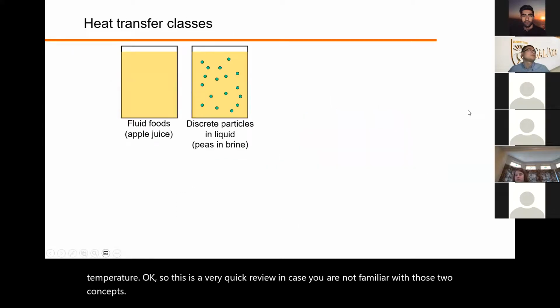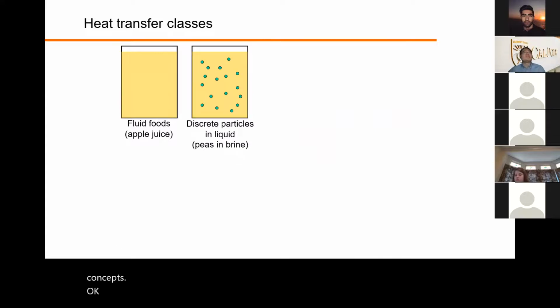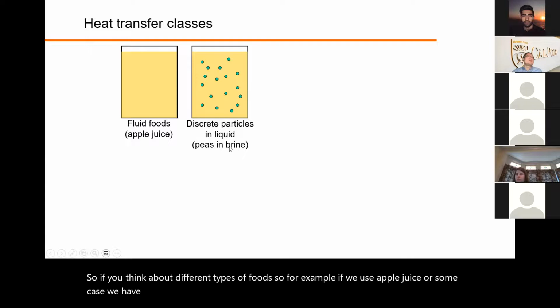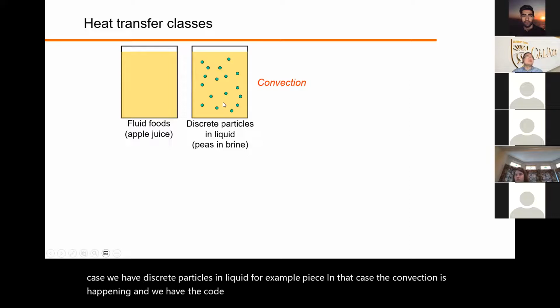Okay, so think about different types of foods. For example, if we use apple juice, or in some cases we have discrete particles in liquid, for example, peas, then convection is happening, and we have the cold point at 1/4 height of the liquid.